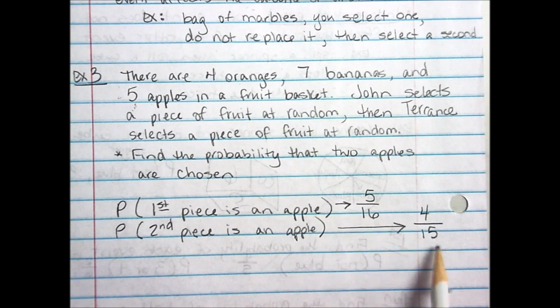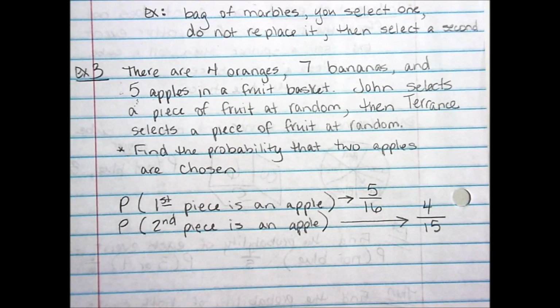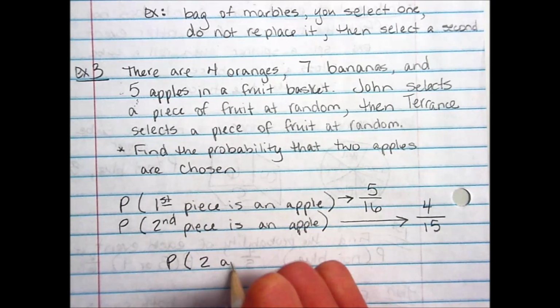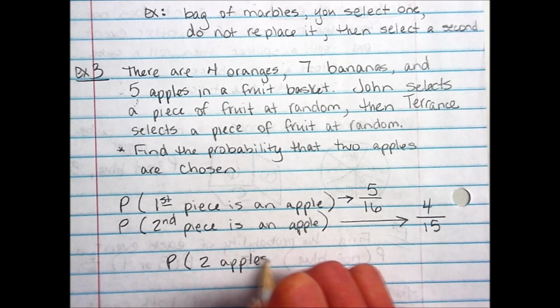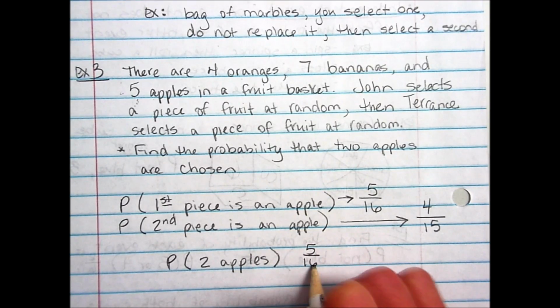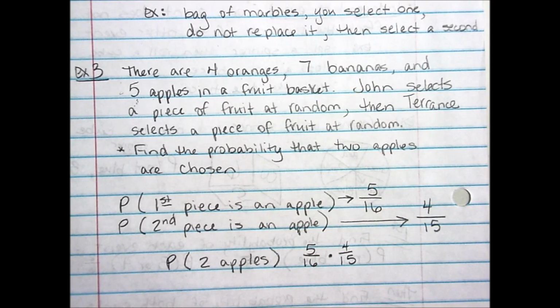Okay, so then these are 2 separate events happening. So then to combine those and find the probability that 2 apples are chosen, we take our 5 over 16 and we multiply it by 4 over 15.